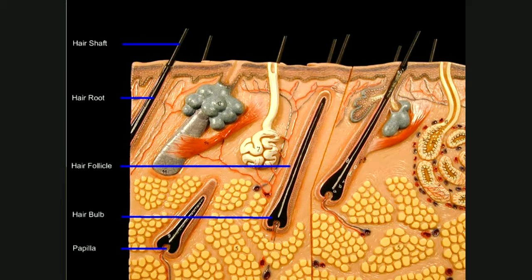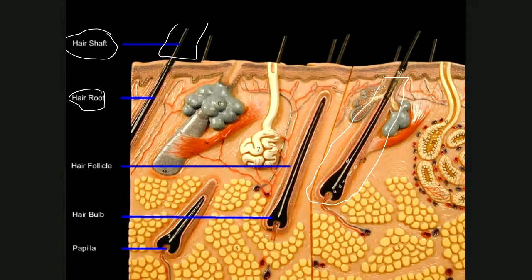Another thing about the hair is you can see different parts to the hair. The part of the hair that sticks up above the surface is called the shaft. The part of the hair down below under the skin is called the root. And then if you go down to the bottom, remember we have this enlarged area, that's the bulb.